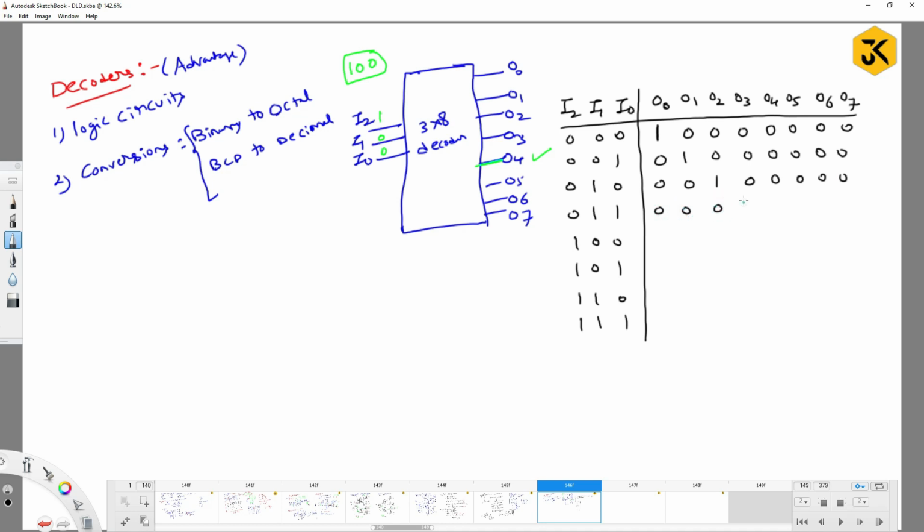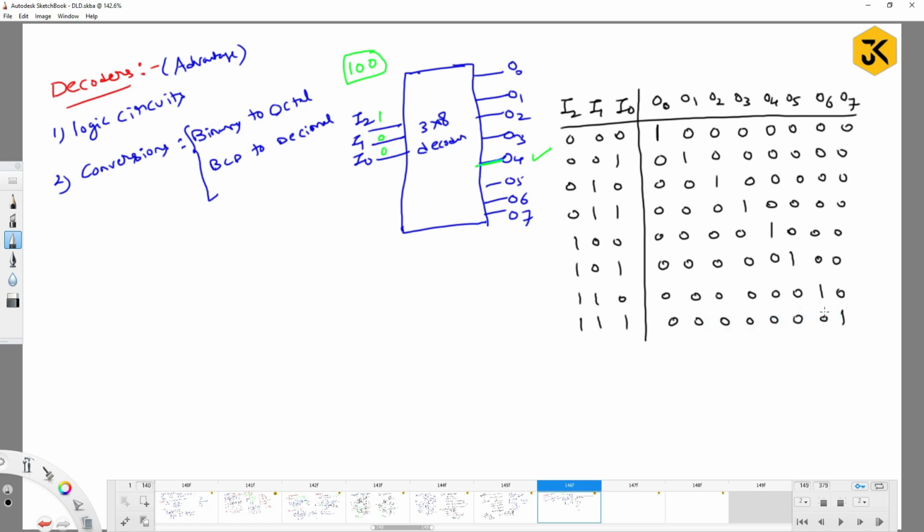Then O4 is going to be activated when you get 100. When you get 101, the 5th line is activated. When you get 6 as input, the 6th line is activated, and when you get 7 in binary format, the 7th line is activated. So this is the way you can draw the truth table.